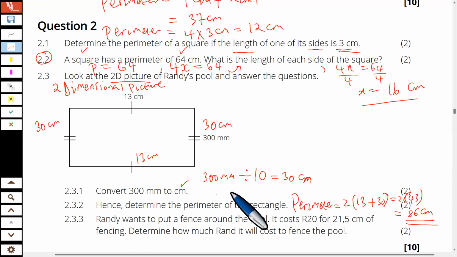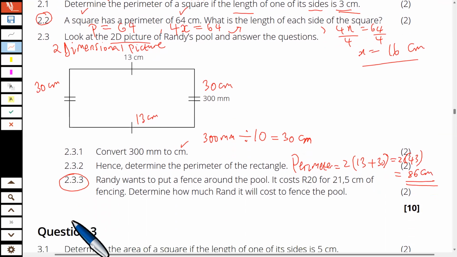Next question is 2.3.3. Randy wants to put a fence around the pool. It costs 20 Rand for 21.5 centimeters of fencing. You want to put some fence around the pool so that children do not drown in the pool, so that animals do not drown in the pool.